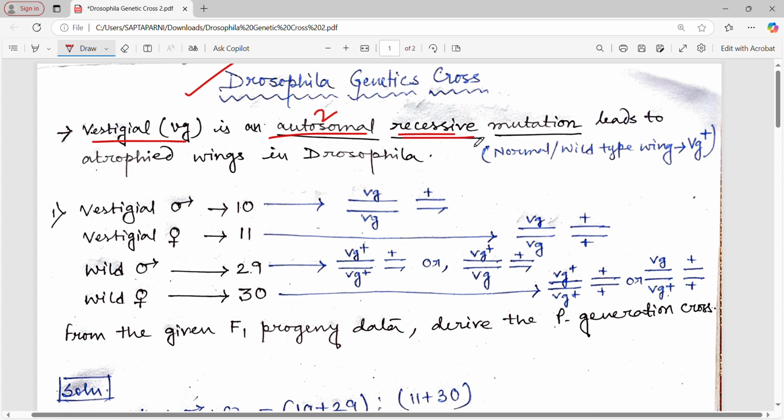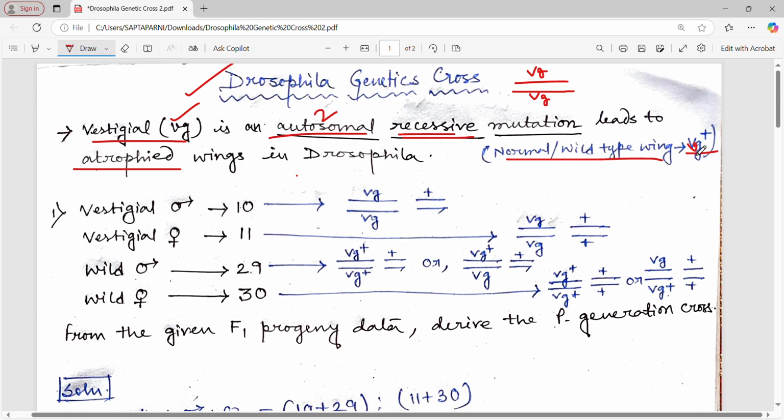That means only when both second chromosomes contain the vg mutation will the Drosophila show vestigial wing, or atrophied, reduced wing. We denote vestigial mutation as small vg and normal or wild type wing as vg plus.